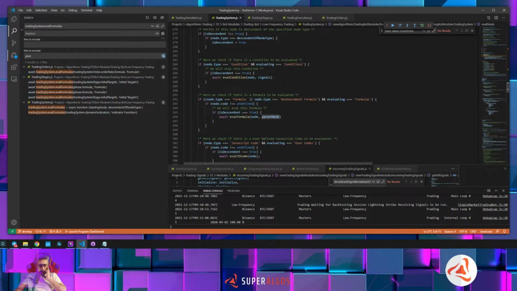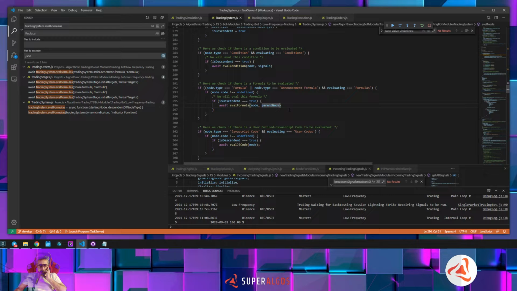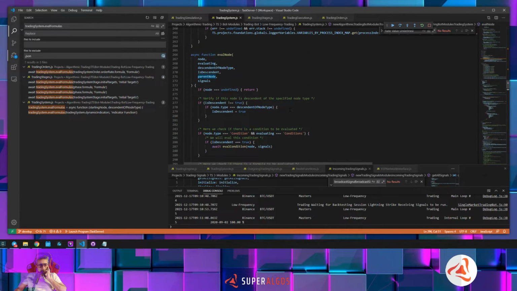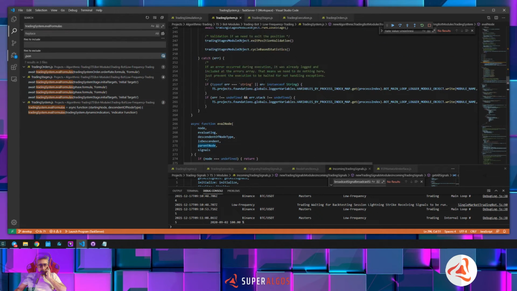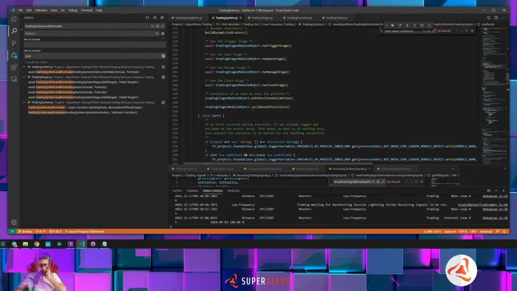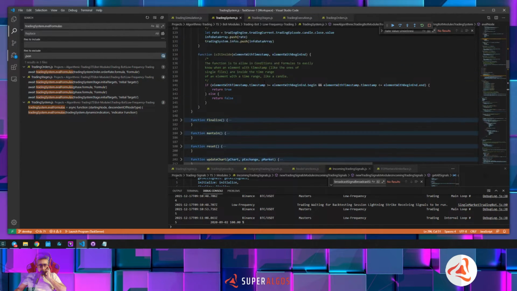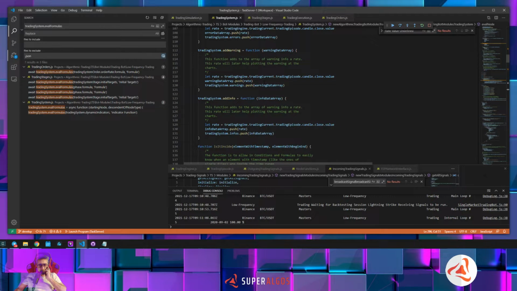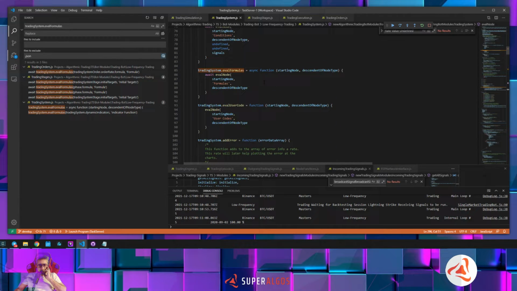And the parent node is sent because the formulas need the parent node to get the signals. Okay, so I really don't understand how it was working before, at least partially.